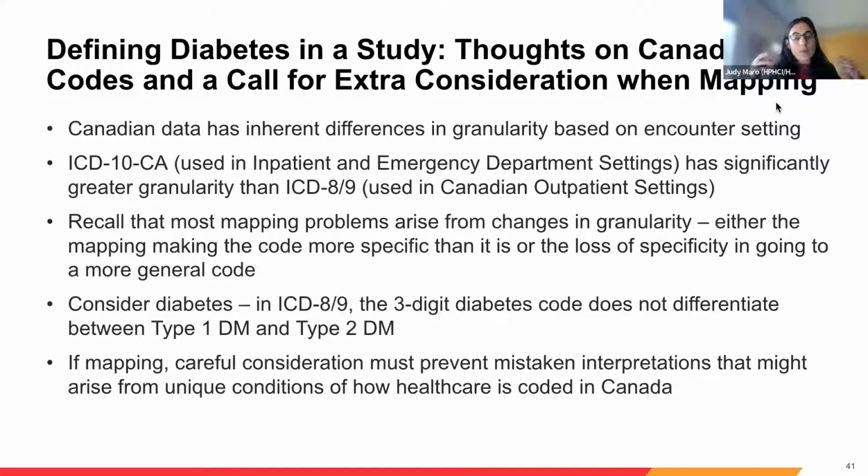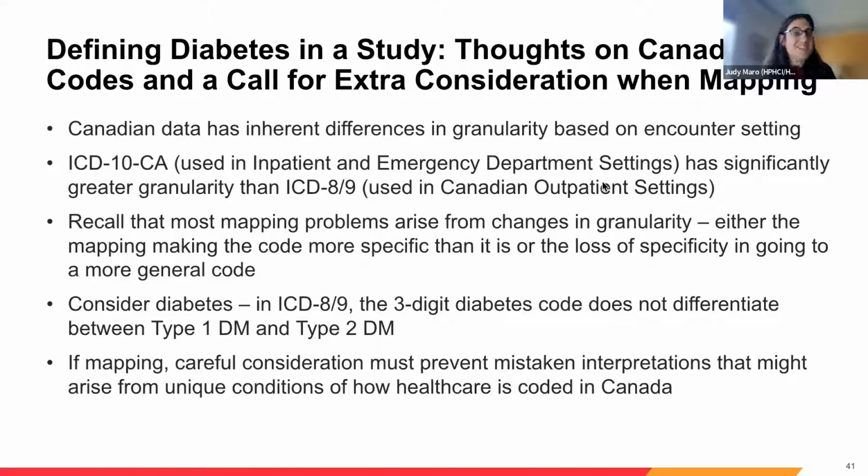Next slide. So I've gotten to know Canadian data quite a bit over the course of the last year. And one of the things that I really want to caution about with mapping, because I know that this group is interested in adopting the OMOP Common Data Model, is to really be careful around the granularity associated with the setting. My understanding is that right now, ICD-10 Canadian modification is used in inpatient and emergency department settings to talk about clinical concepts.